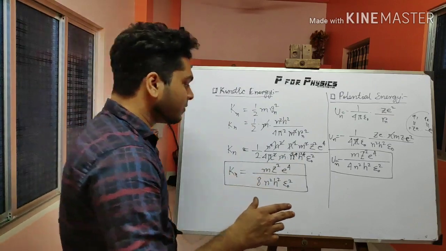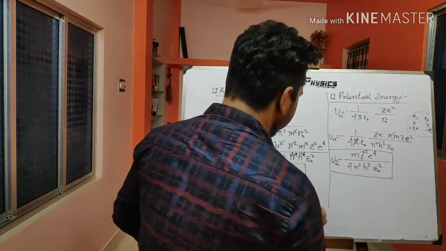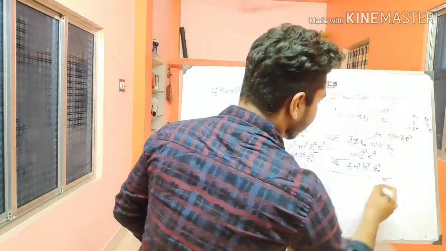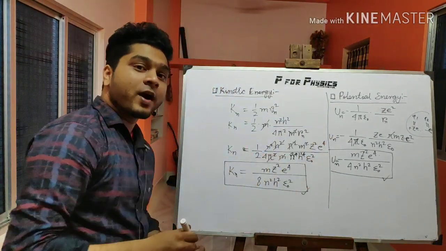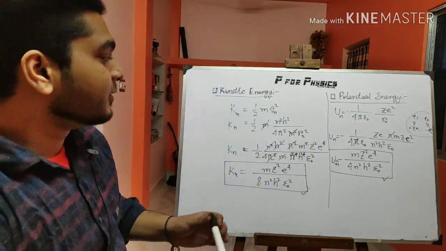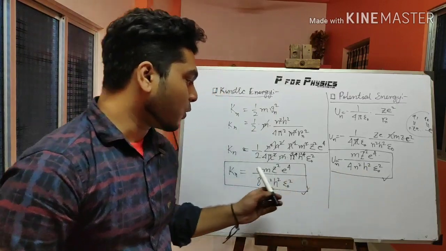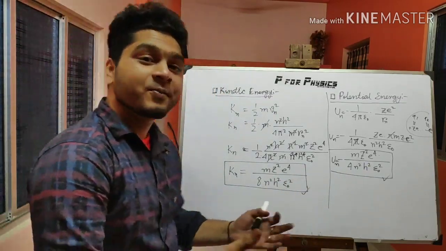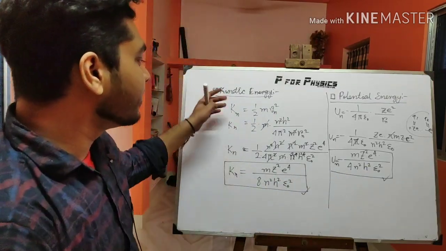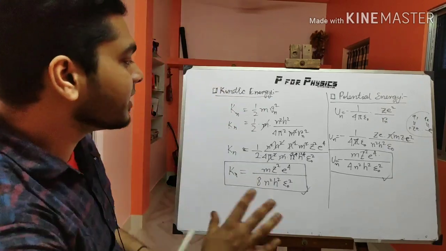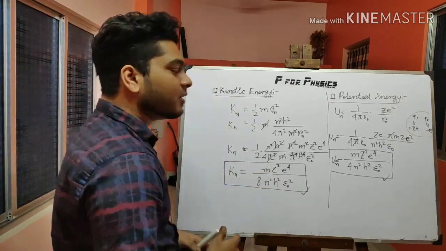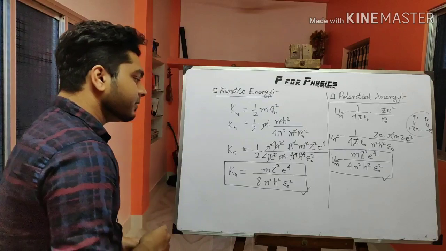So we can say that both are right, because if it was not equal, you would know that either this is wrong or that is wrong, or even both are wrong. Then you have to calculate it from the very first. So let's hope that doesn't happen. Practice it once or twice, you will get it simply.